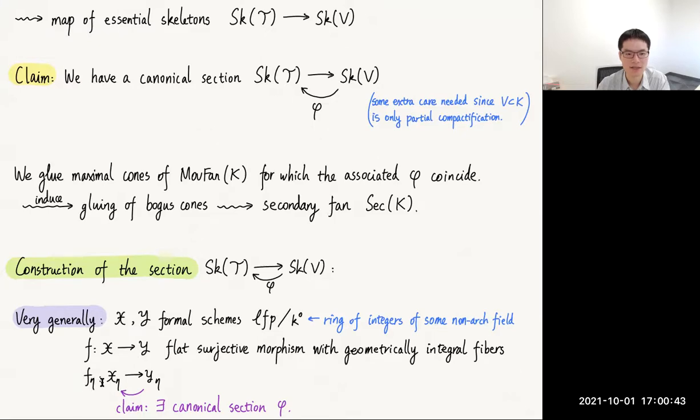We get f eta from X eta to Y eta, and the claim is that there is a canonical section phi here.